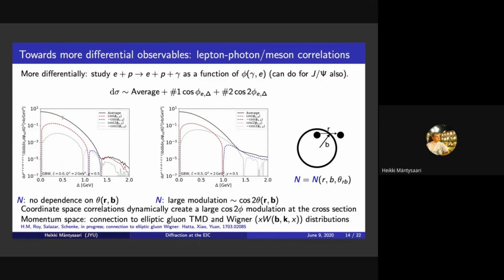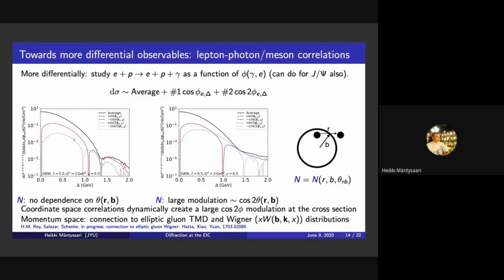Then I have cosine phi modulation with some prefactor. This prefactor is the red dashed line that is shown here. It's smallish. I mean, all these modulations are small compared to the average one, but maybe still measurable. And then the dotted line is the cosine 2-phi modulation. This is very small in this calculation where there is no dependence on the dipole orientation.